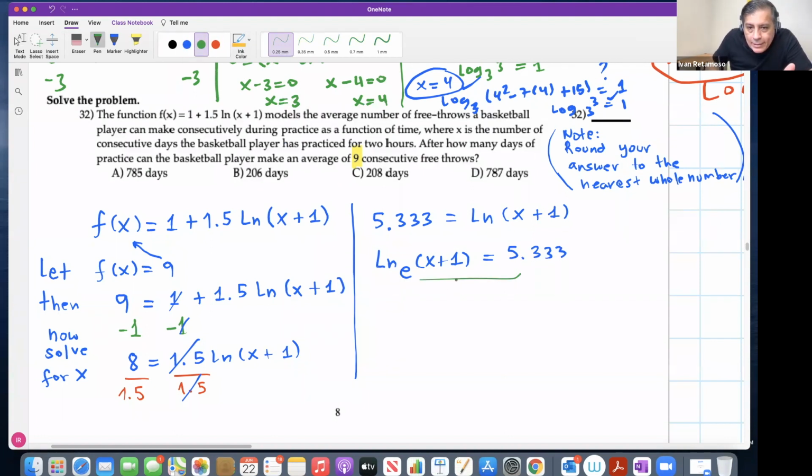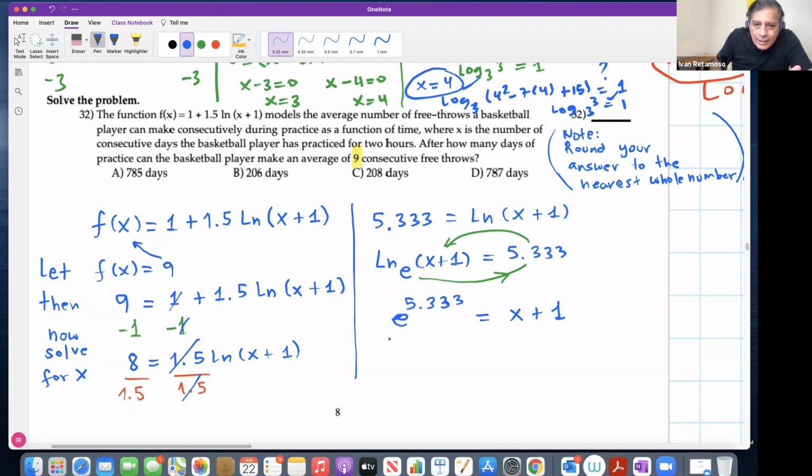Now I'm going to exponentiate it, and you will see that this becomes the following in exponential form. After you exponentiate, this means e raised to 5.333 is equal to the argument of the log, the inside of the log, x plus 1, right? This is it.